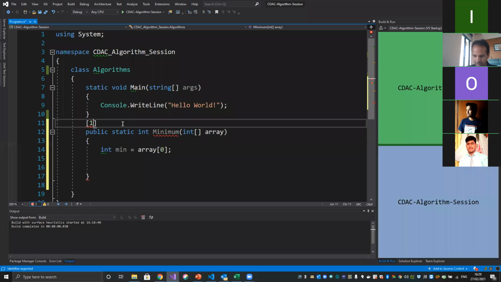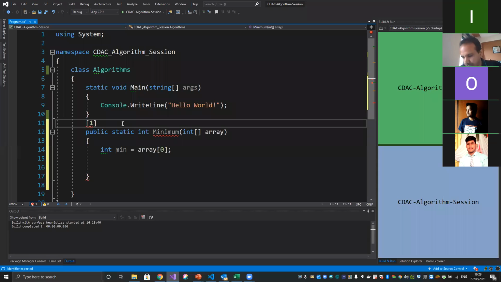Yes, sir, you are right, but I think if anyone asks for the minimum in the array, there must be more than one element. No, the concept of minimum is not tied to the length of the array. I can give you an array with a single element and still ask you this question: what is the minimum in this array?